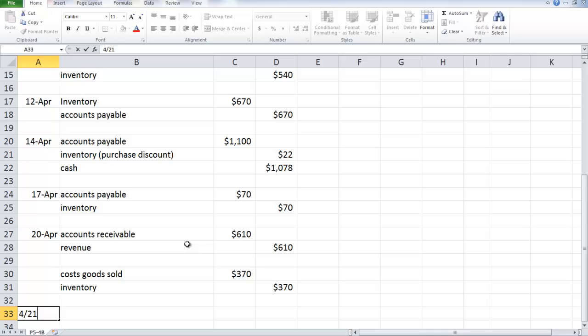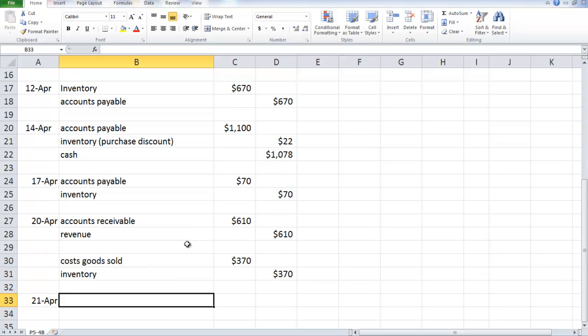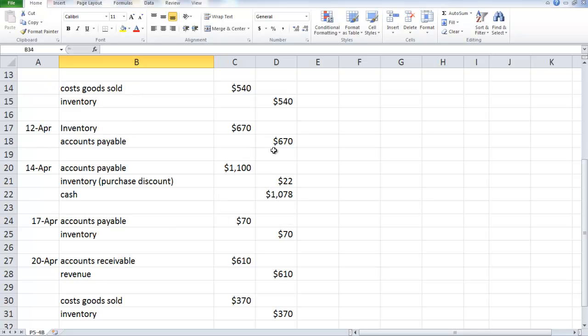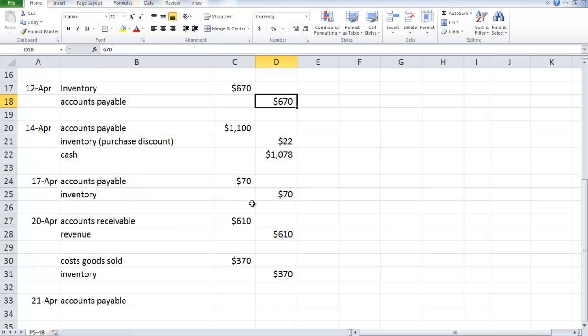Then on April 21st, it says they paid Lightning Sportswear in full less the discount. And remember, there's also a return of merchandise. Okay, so the original accounts payable was for $670. They returned $70 worth of merchandise, so they owe $600.